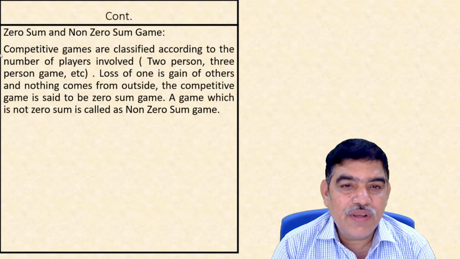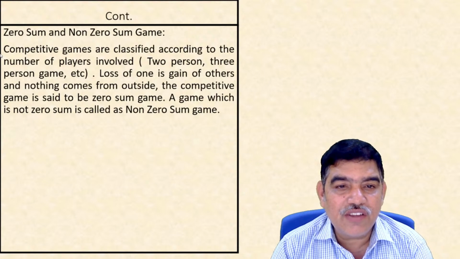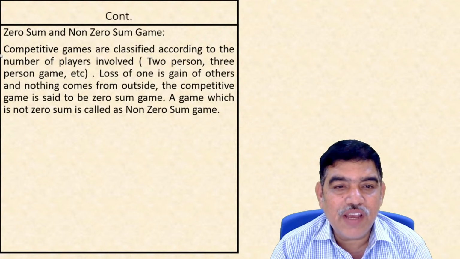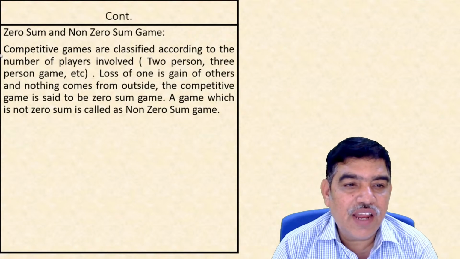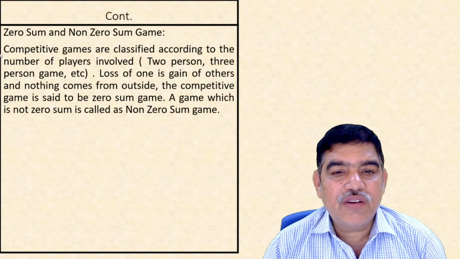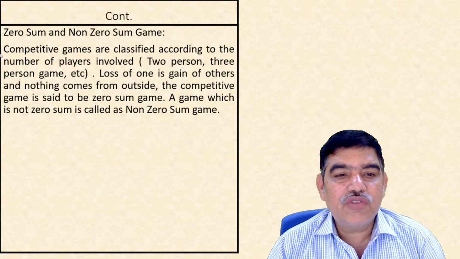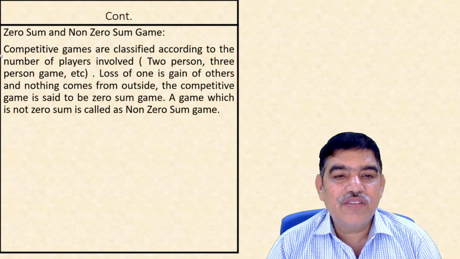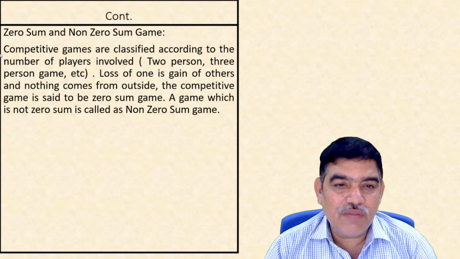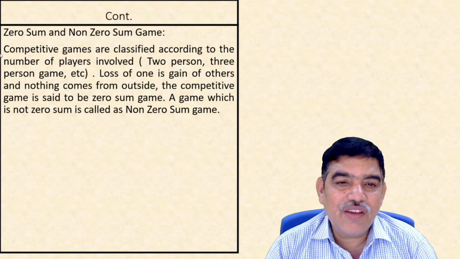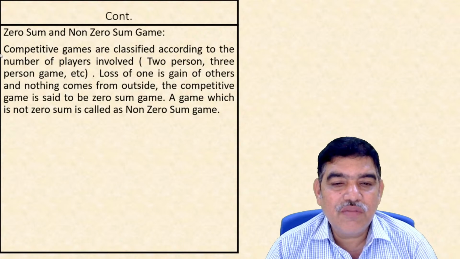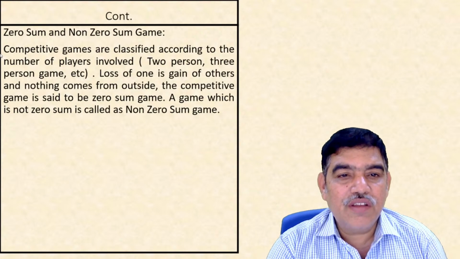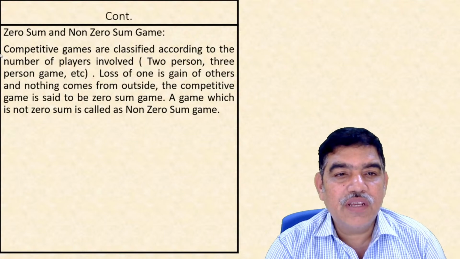If one team or one person is facing loss, at the same time the other player must gain that amount, and nothing comes from outside. The competitive game is said to be a zero-sum game. Zero-sum game means the loss of one player is equal to the gain of the other player. A game which is not zero-sum is called a non-zero-sum game. This is actually the concept of zero-sum and non-zero-sum game.